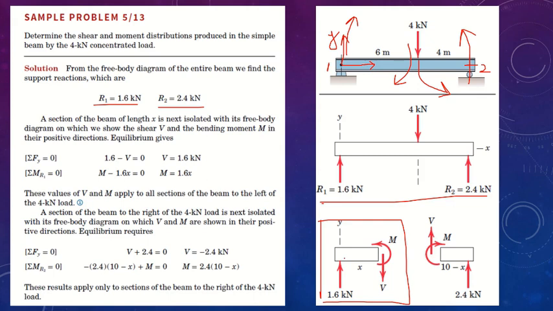So we can define that V is equal and opposite, so V at this point will be 1.6 kN, equal and opposite, but the moment has to be also equal and opposite. So 1.6 kN times x is equal to M. This will provide us the information of the shear force and the moment.